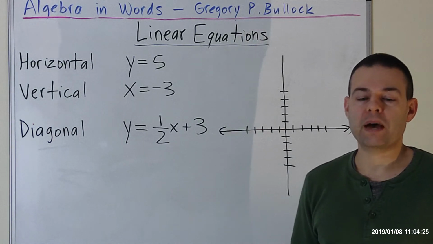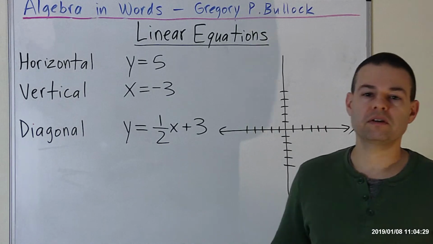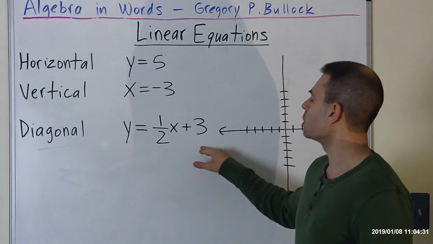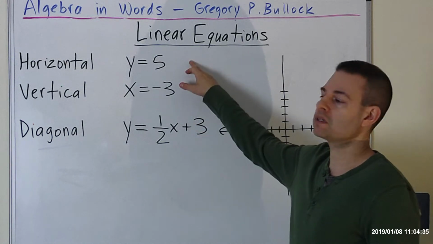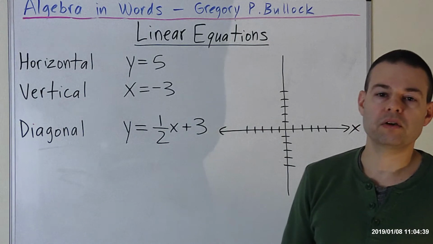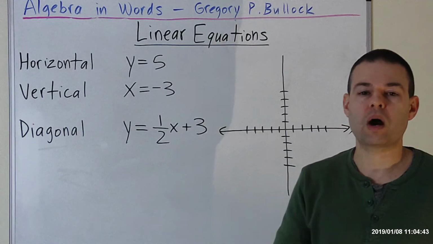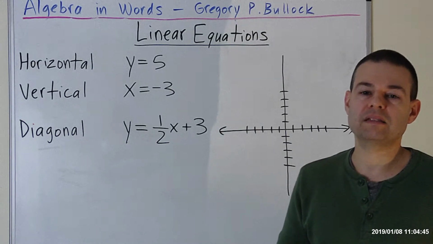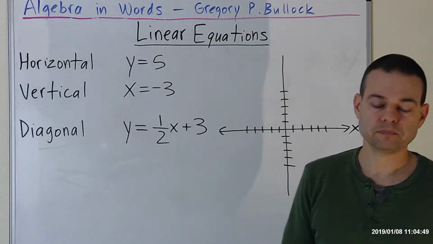And so, students usually expect all linear equations to take on this form. That's true for diagonal, but not for vertical and not for horizontal. These equations are so simple that they may go under your radar because it looks like it's just an answer to a problem. x or y is equal to a number. But that does represent a horizontal or vertical line, respectively.